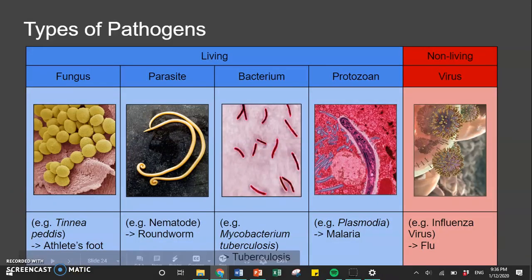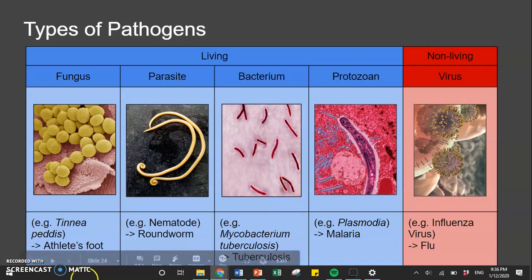So here are the five types of pathogens we talked about today: a fungus, a parasite, a bacterium, a protozoan, and a virus. Again, the first four are all living, and viruses are not living.